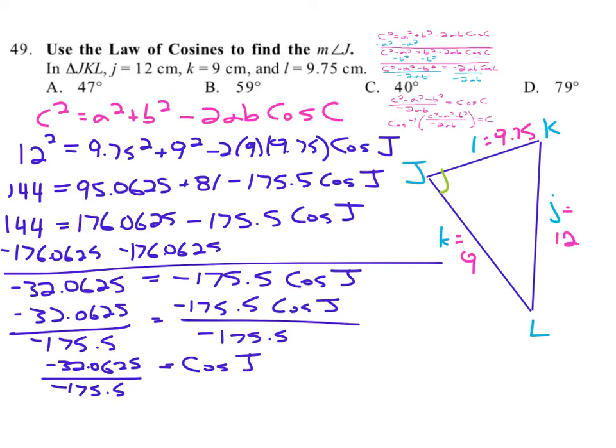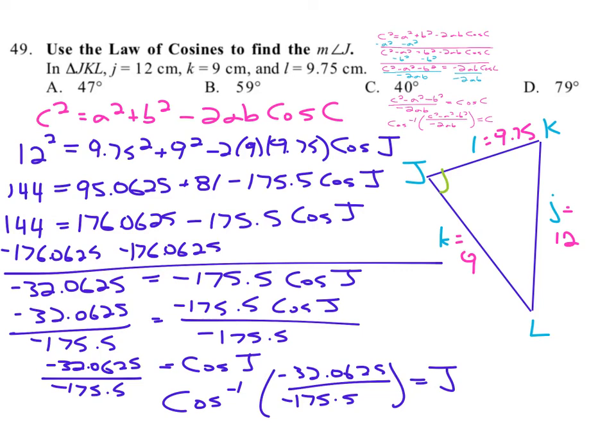And then we can say, okay, if that's what cosine of J equals, then inverse cosine of that ratio, negative 32.0625 over negative 175.5, equals J. And then, I know I'm running out of room here, I'll write it right here, therefore J is approximately equal to, as an angle, what do we get when we do inverse cosine of negative?